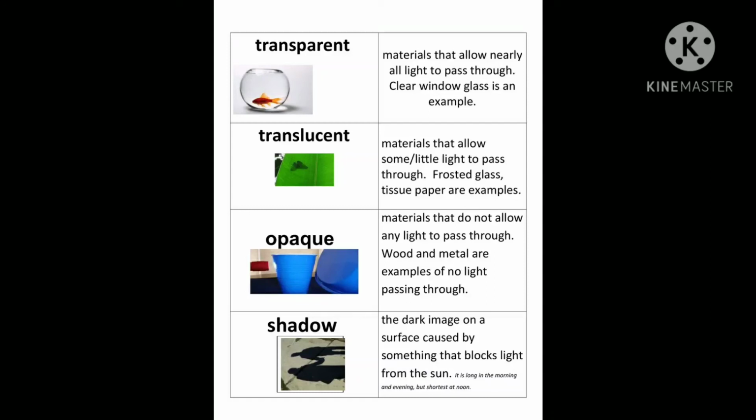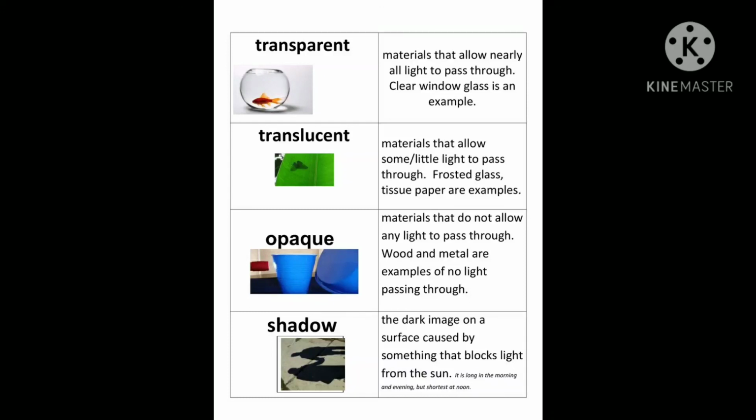Based on the permeability of the material, it is categorized into three types: transparent material, translucent material and opaque material. Transparent materials are the ones that allow nearly all light to pass through, for example, clear window glass.